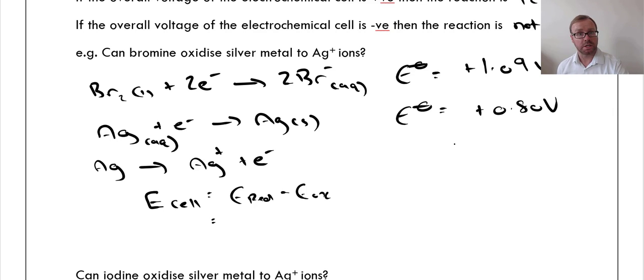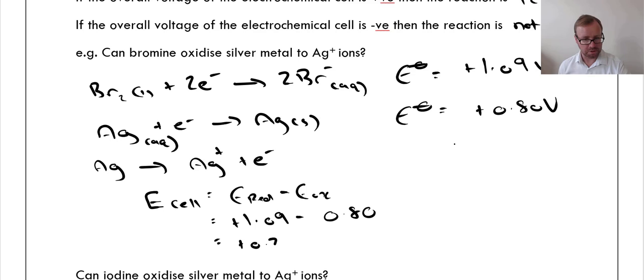My reduction equation, according to the question, is my bromine, so 1.09, and my oxidation is my silver, so 0.8, which gives me a value of plus 0.29 volts. Because it's positive, yes, this reaction can happen and is feasible. Hope that makes sense. You have to read the question and do what the question asks, unlike in our other examples earlier.